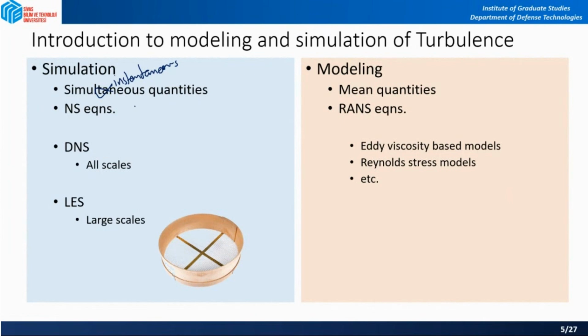So you take a snapshot, and on that snapshot, you just take the values of pressure or velocity or whatever. DNS, as we said, resolves all the length and time scales, and LES resolves larger scales through models for smaller scale motions. And the filtering operation that we were talking about in LES, we have a cutoff length scale, if you remember.